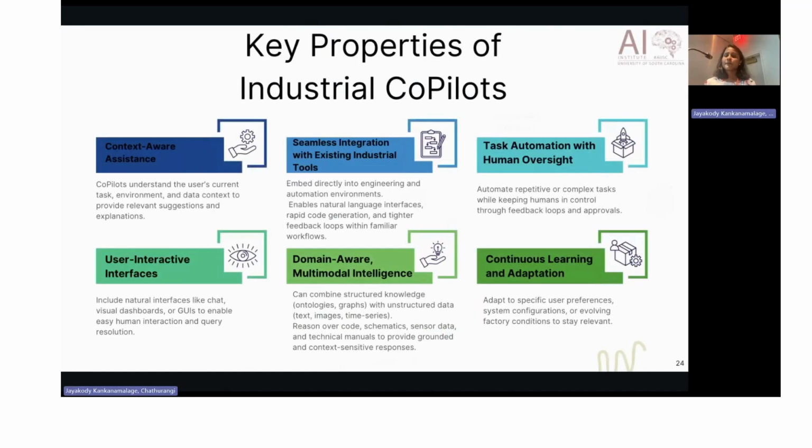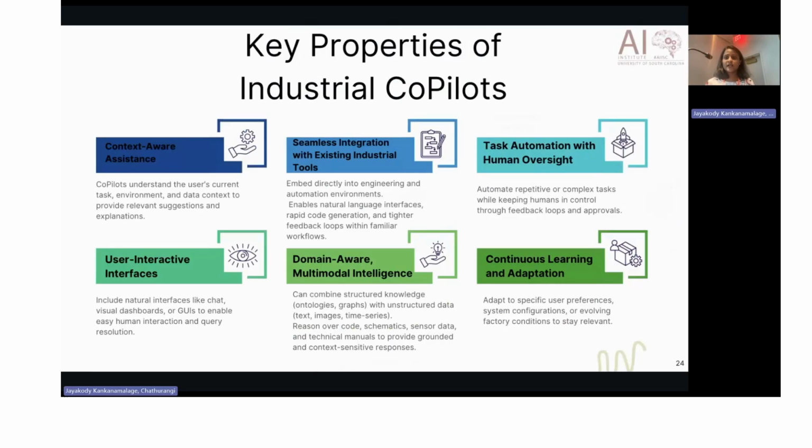These industrial copilots should be designed with several critical properties that make them usable for real-world deployment. So what are the key properties that we need to take care of? The first one is that they offer context-aware assistance, meaning it can understand not just the data, but the user's current task, system state, and the environment also.